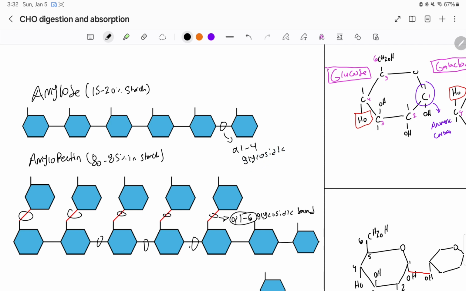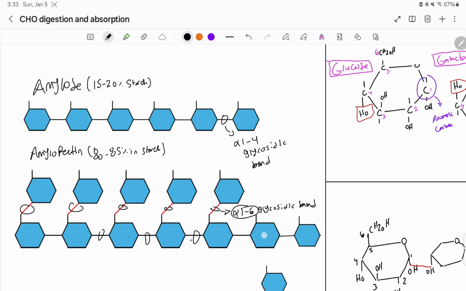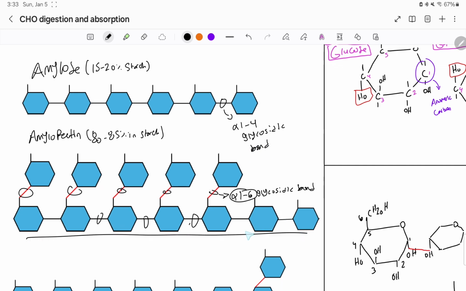And they just allow for a linear chain of molecule, okay? So you can see there's alpha 1,4 bonds here, but there's also alpha 1,6. So amylopectin, not only does it have alpha 1,6 bonds, it also has alpha 1,4 bonds, whereas amylose only has alpha 1,4. That's why it's a straight linear molecule, okay?